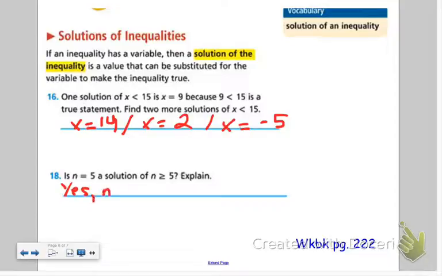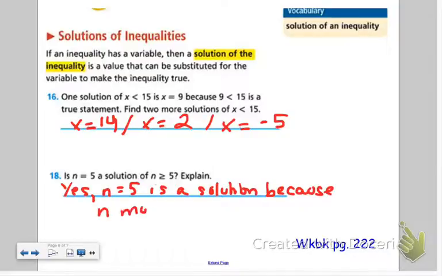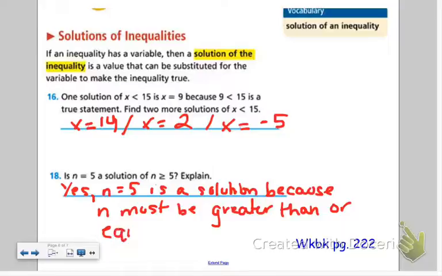Yes, n equals 5 is a solution because n must be greater than or equal to 5. And of course that fits because 5 is obviously equal to 5.